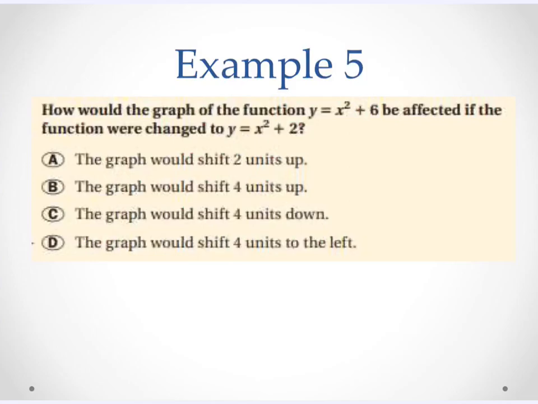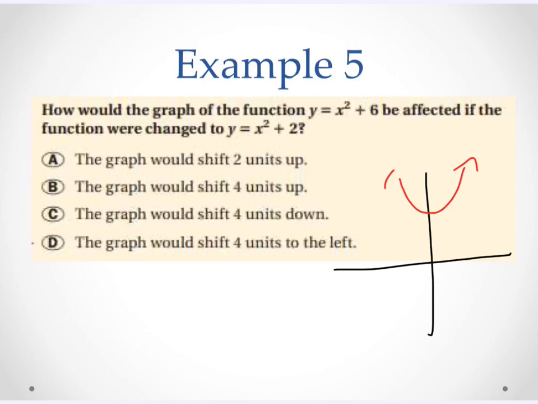Let's look at this example. So we are going to be comparing these two functions, x squared plus 6 and x squared plus 2. And how do you get from x squared plus 6 to x squared plus 2? The best thing I would do is graph the functions. So graph the first one, just like a makeshift graph, doesn't have to be anything perfect. We know that that graph is going to have a y-intercept of 6, and also that the vertex is going to be at (0, 6).